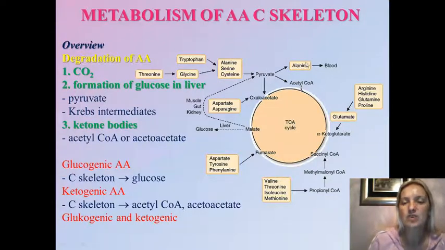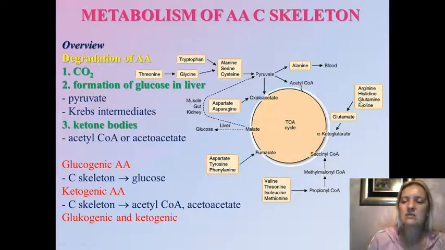Pyruvate can be converted back to alanine and excreted to blood, or pyruvate can undergo oxidative degradation to acetyl coenzyme A and enter the Krebs cycle, or go to oxaloacetate. Aspartate and asparagine can be transformed to oxaloacetate and enter the Krebs cycle.